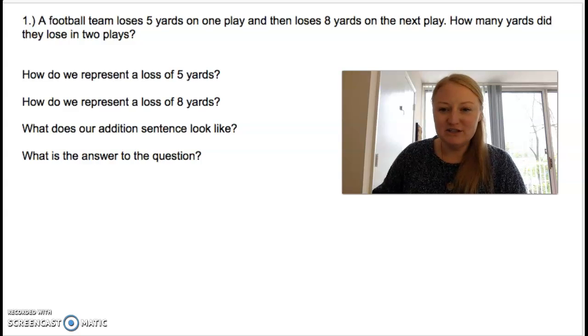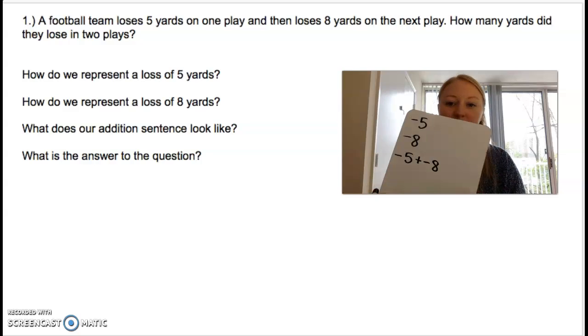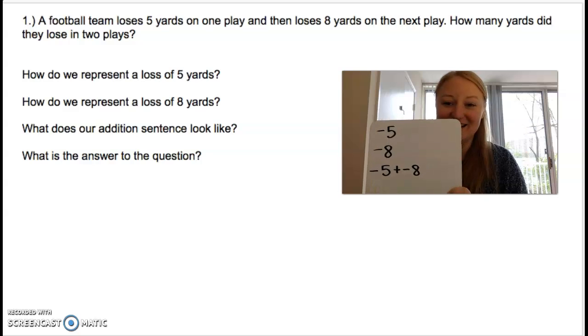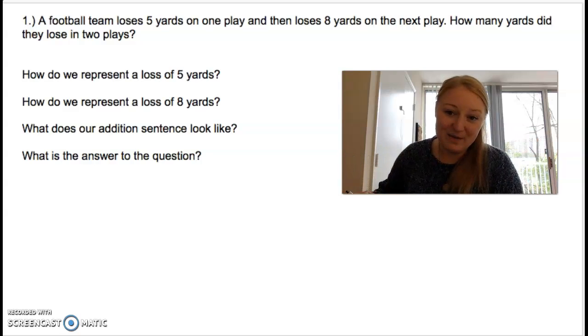And then what would our addition sentence look like? The question asks, how many yards did they lose in 2 plays? Here's our addition sentence, negative 5 plus negative 8. Because although they're losses, we are trying to figure out the total amount of the yards that they lost.